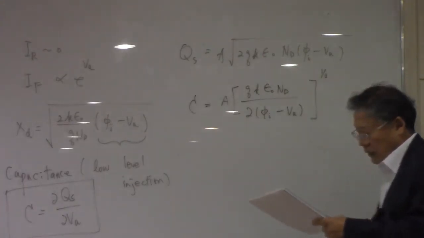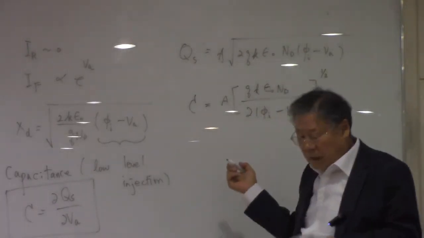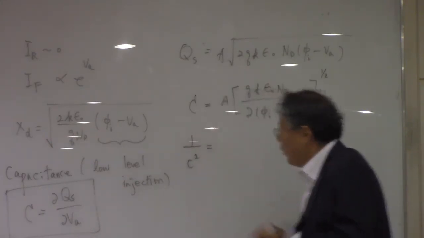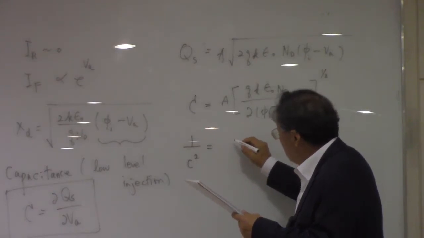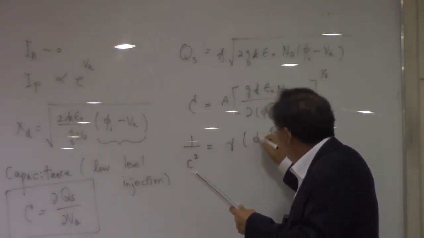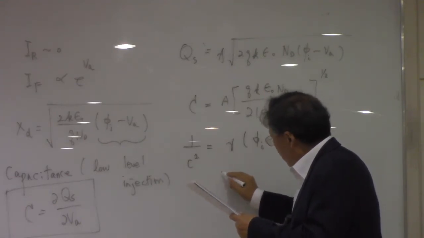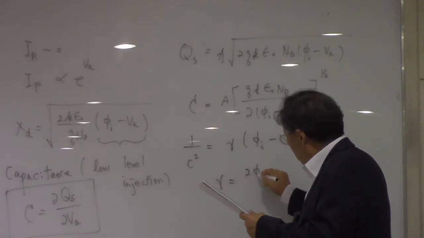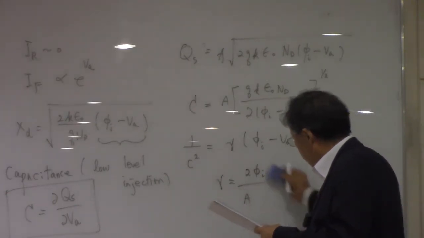Now, this looks complicated, but if you arrange this, 1 over C squared, the reciprocal, is going to be proportional to phi I minus VA, where gamma is going to be 2 over q K epsilon naught ND.